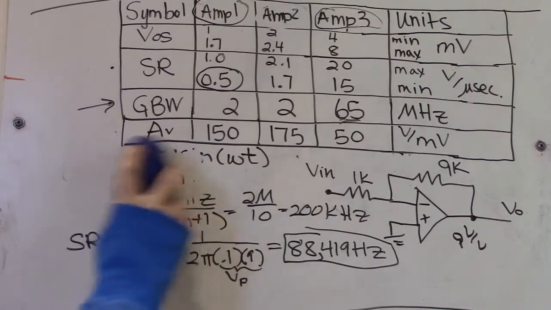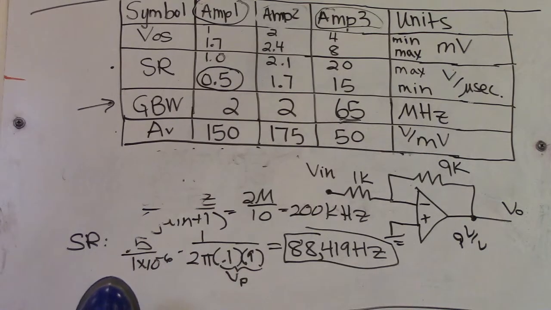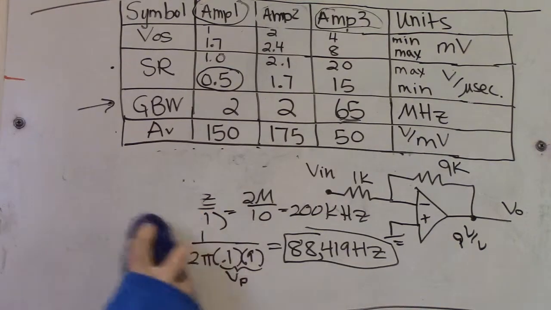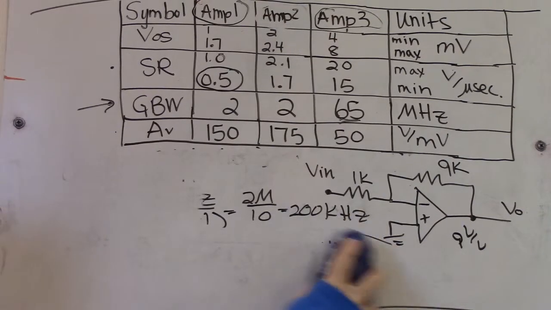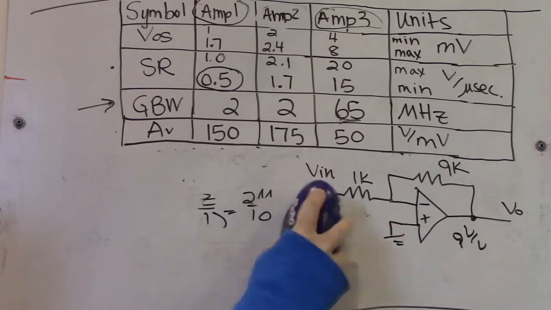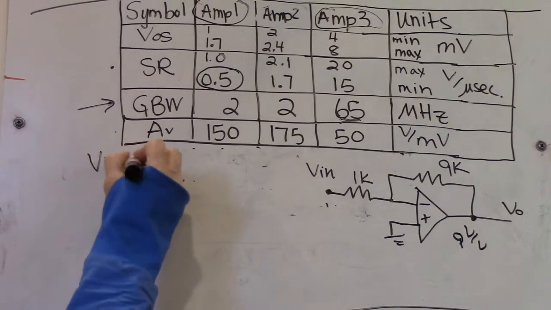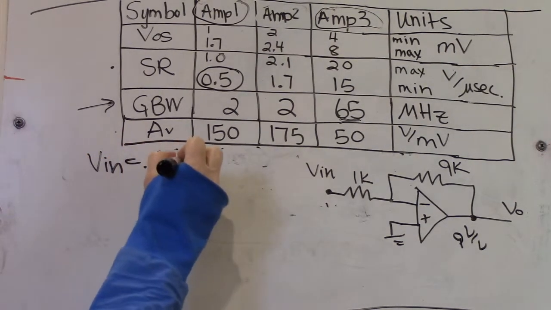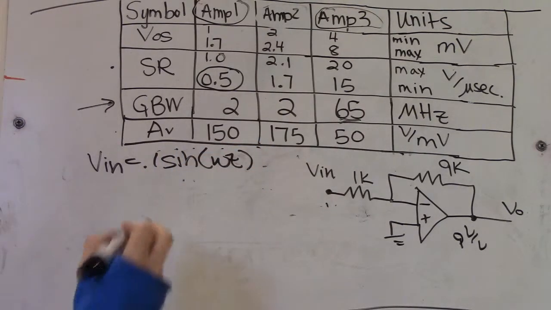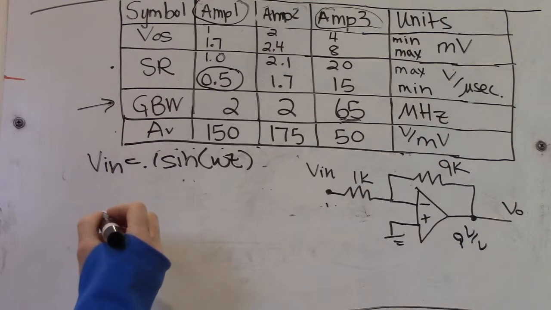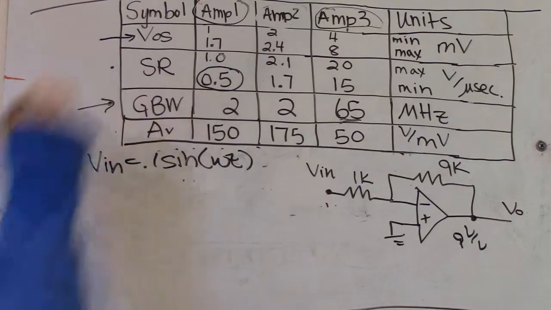Another question is, if I still have that same input of Vn equal to 0.1 sine omega t, what would be the maximum and minimum values seen at the output considering the voltage offset?